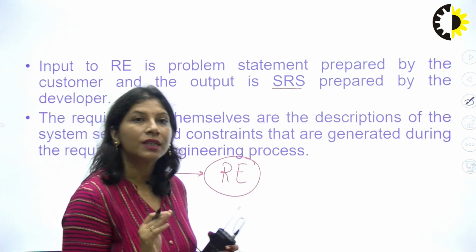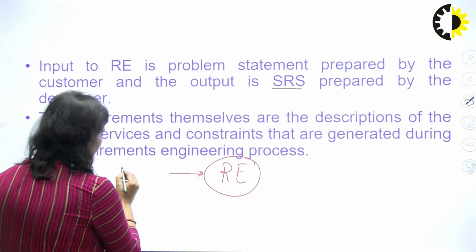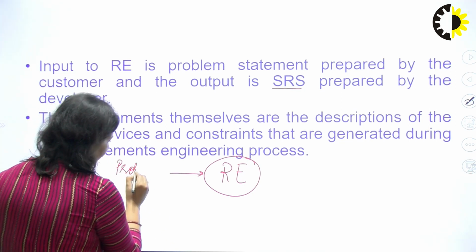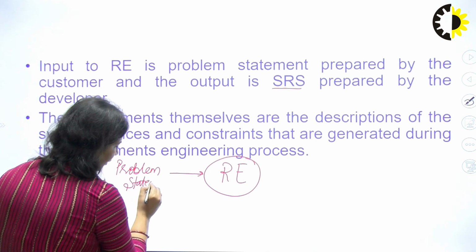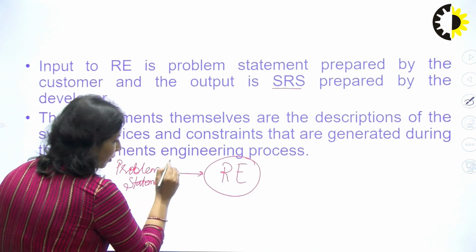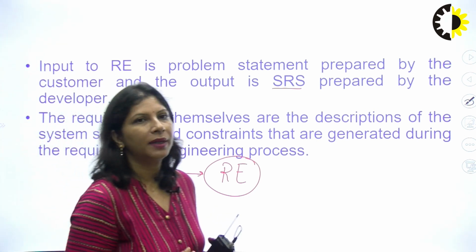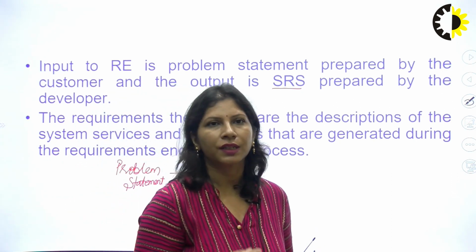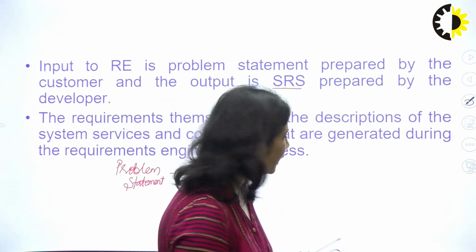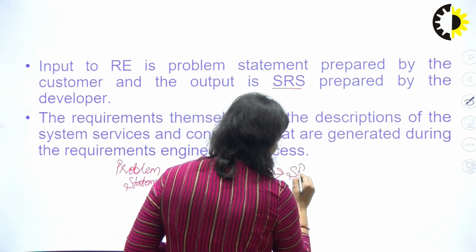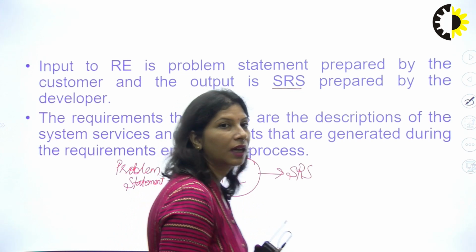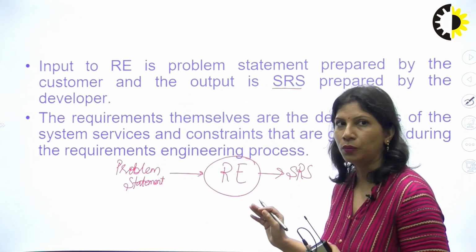The problem statement. What is the problem? This is the input. But after doing the requirement engineering, going through several steps, we will prepare a document. That document is known as the SRS. So, the SRS is the output.